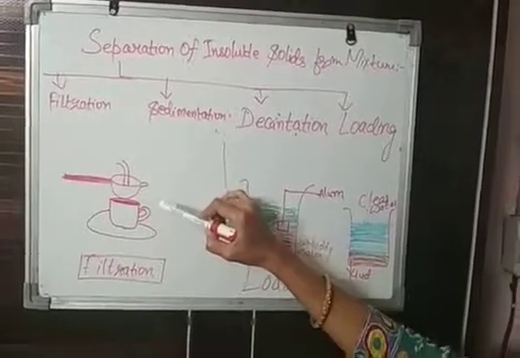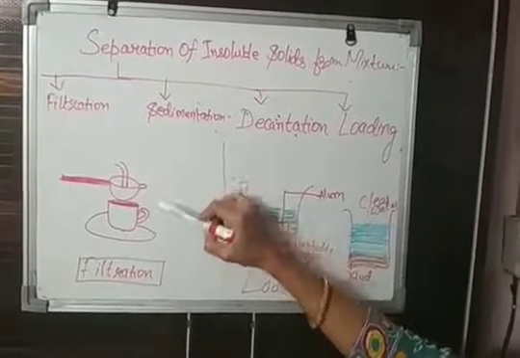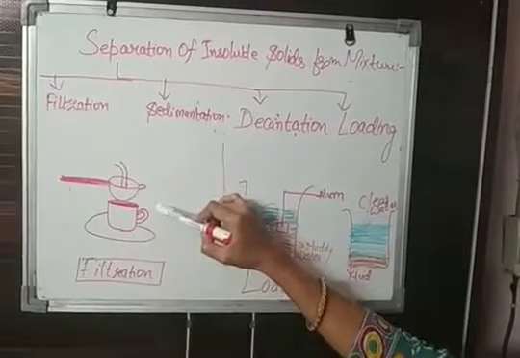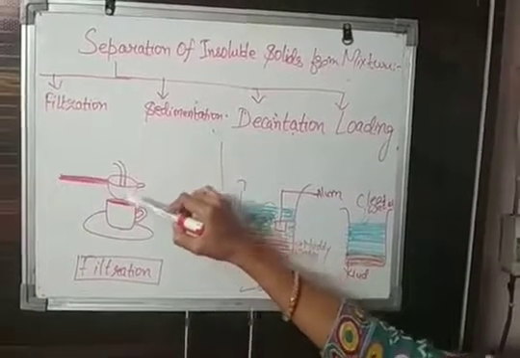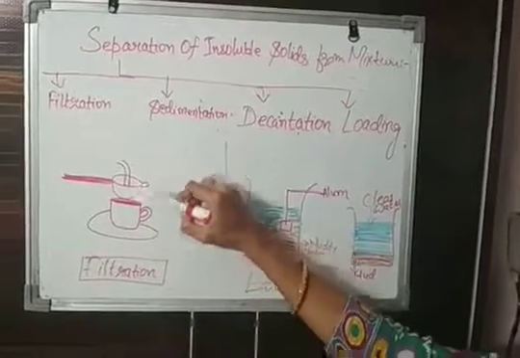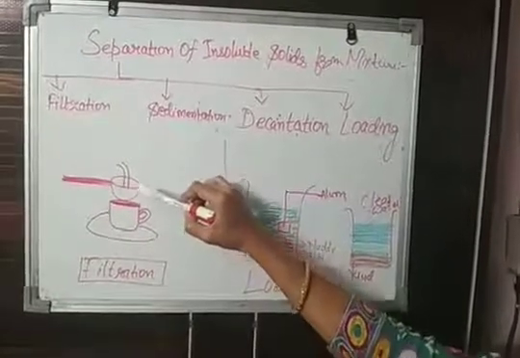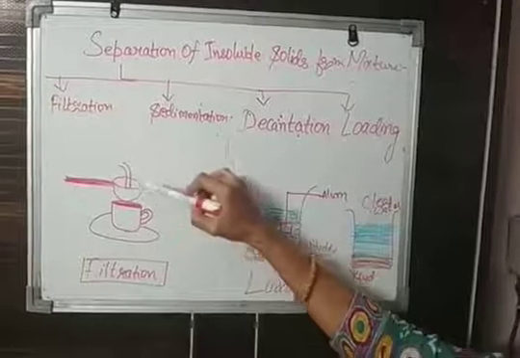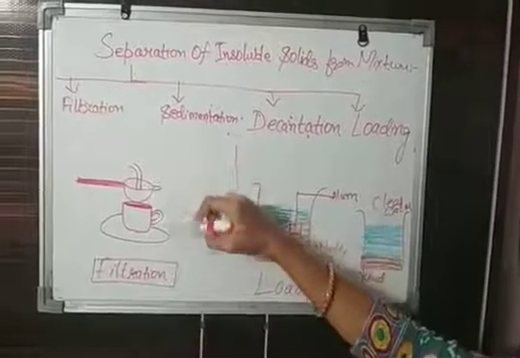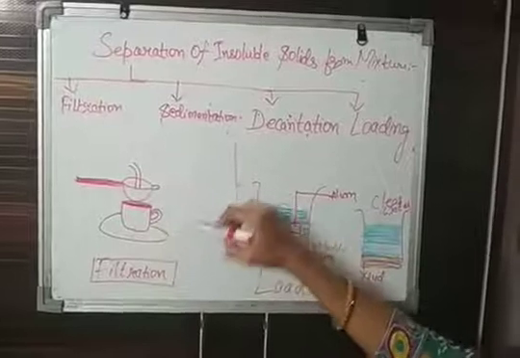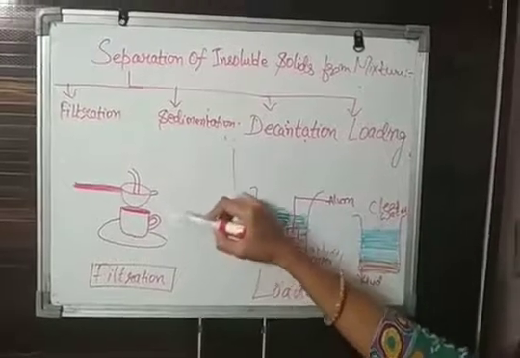The process of separating undissolved particles from a liquid by passing it through the fine holes of a filter is called filtration. Here the undissolved particles are tea leaves, and the filtrate is the tea, which is obtained in the cup.